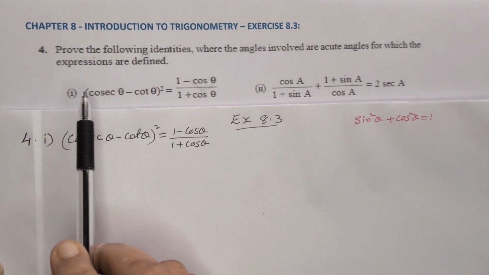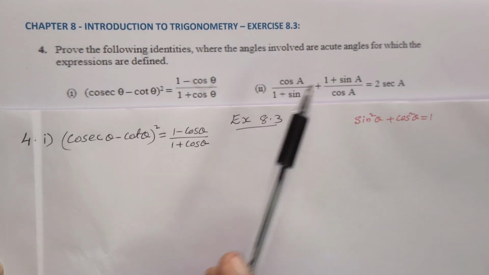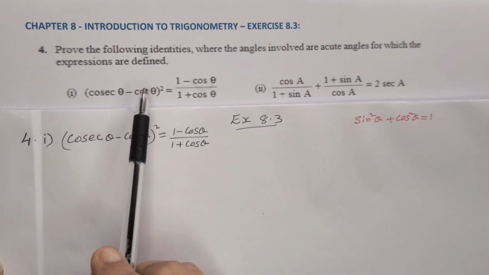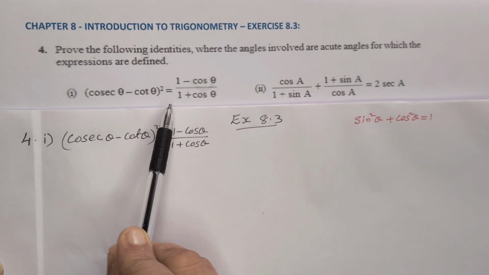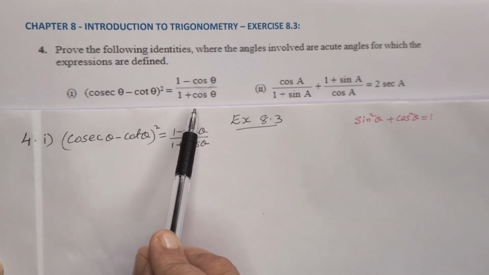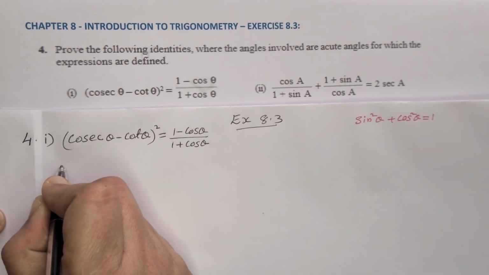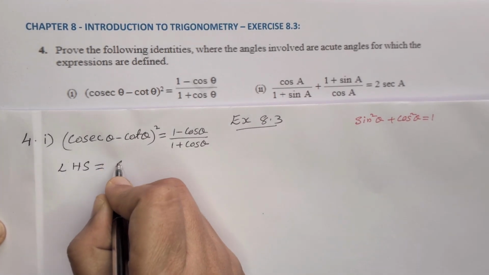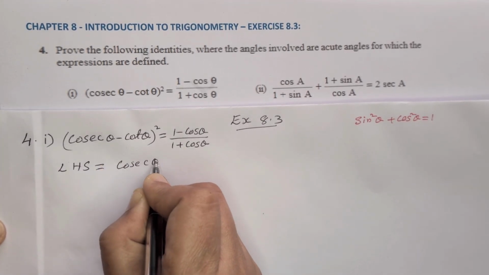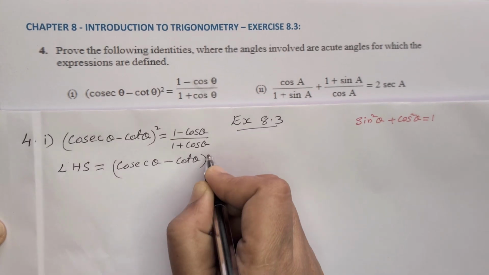Question number 4. Prove the following identities where the angles involved are acute angles for which the expressions are defined. First one, cosec theta minus cot theta the whole square is equal to 1 minus cos theta by 1 plus cos theta. For that we can start with LHS. LHS is cosec theta minus cot theta, the whole square.